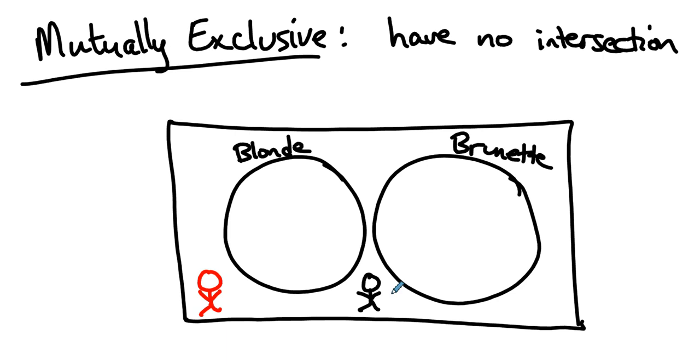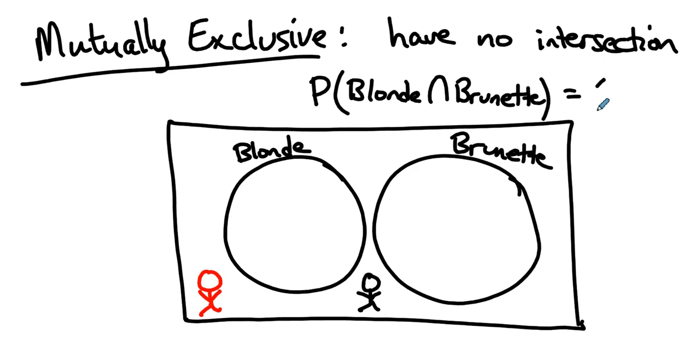So these are mutually exclusive events. Mutually exclusive events, to use the language of set theory, the probability of blonde intersect with brunette is 0. There is a 0 probability that those two things happen in the same case.